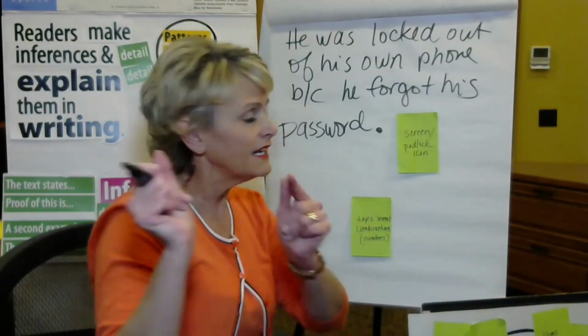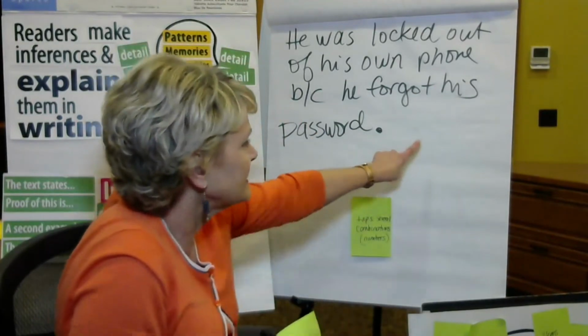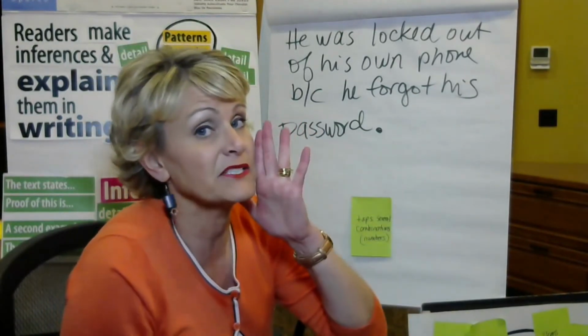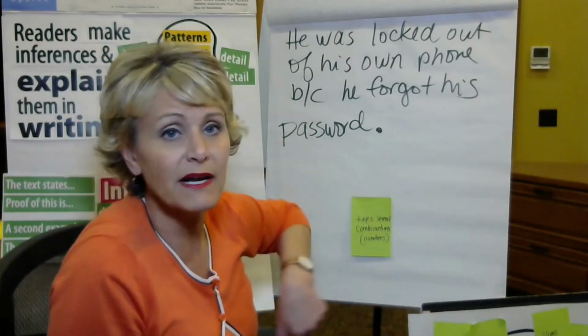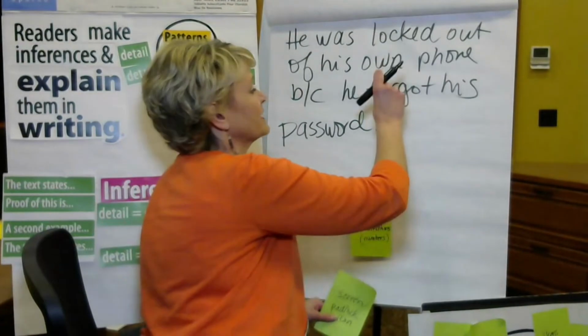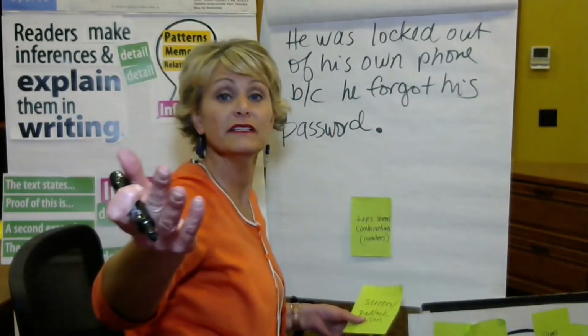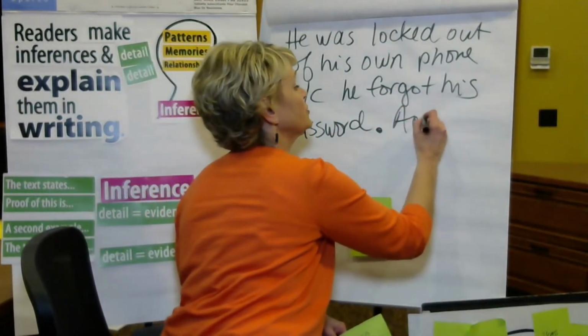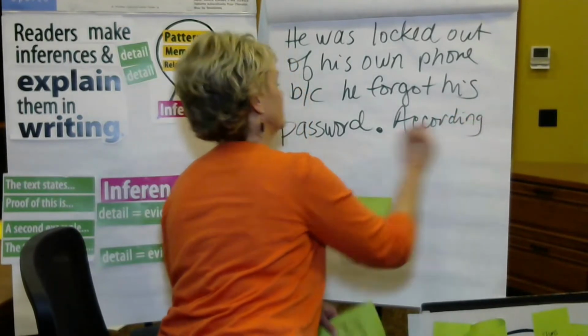You're not done. You now need a sentence starter that says, I'm about to give you some evidence. What do you want it to be? We can say the text states. We can say according to the passage. We can say the author. All right, we'll just go with according to the passage.